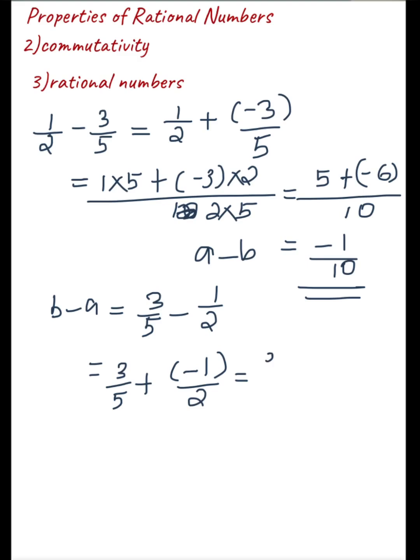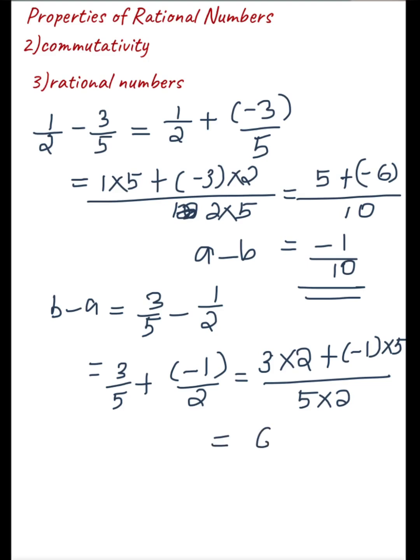So when you cross multiply, you will get it as 3 into 2 plus minus 1 into 5 divided by 5 into 2. Okay, so 6 plus minus 5, divided by 10. What is 6 plus minus 5? It's 1. So 1 by 10.